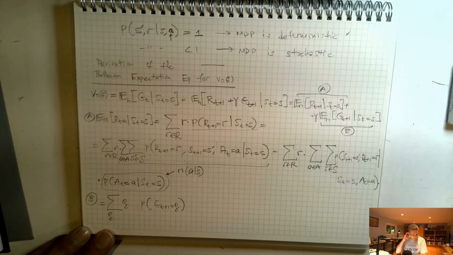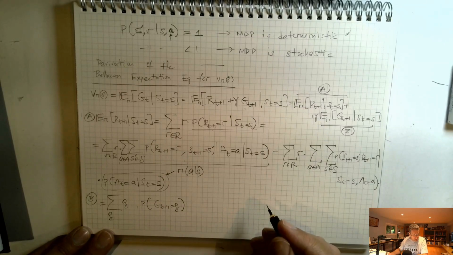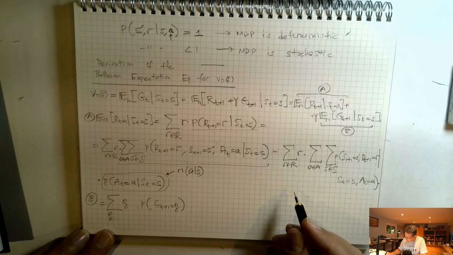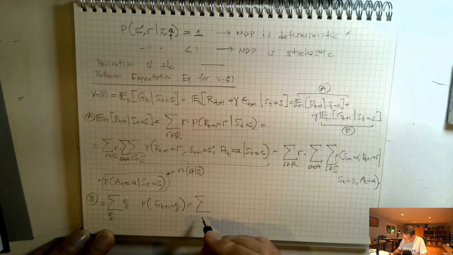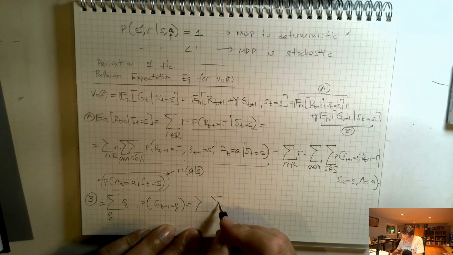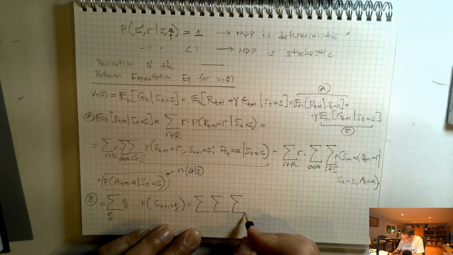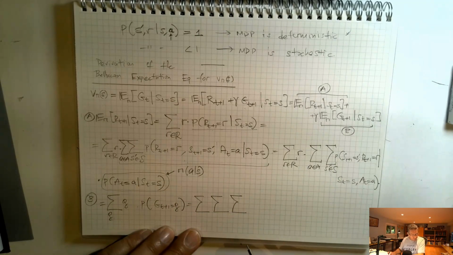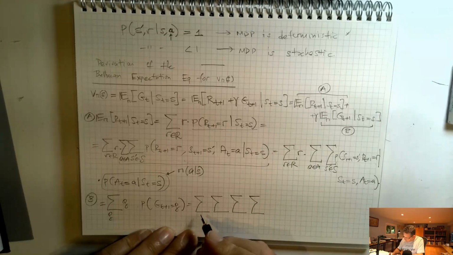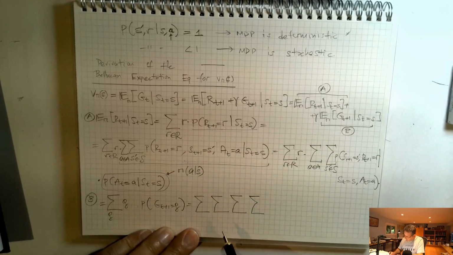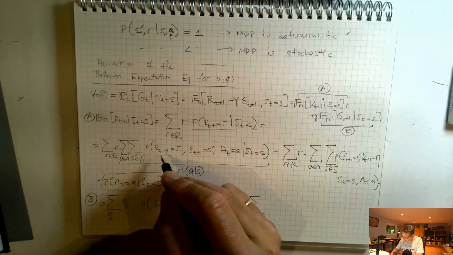And now I need to apply a similar kind of thinking as earlier, and I'm going to write this probability distribution as resulting from a marginalization operation that involves all four other summations which I had in my MDP dynamic probability distribution.